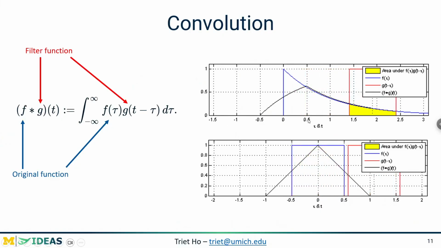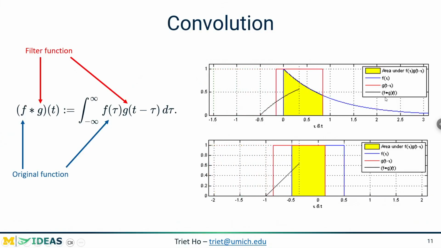And so visually you can see this: the original function, f of t, is the blue function. The future function is the red one, g of t minus tau, and it goes from left to right, negative infinity to infinity. It scans through the original function, right?